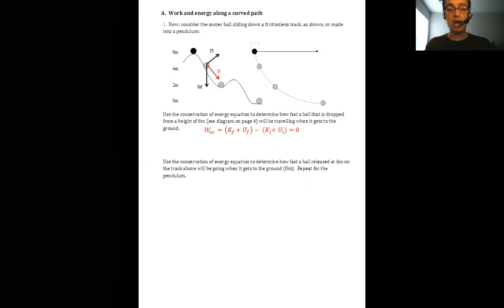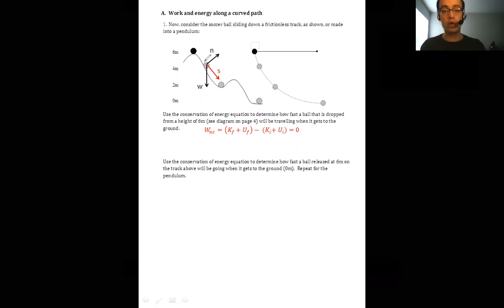We can also say, all right, once again, the normal force, which is this guy right here, is perpendicular to the displacement, to S here. So we don't have to worry about any contributions from the normal force. The only force that is doing any work is the conservative force of gravity, right?